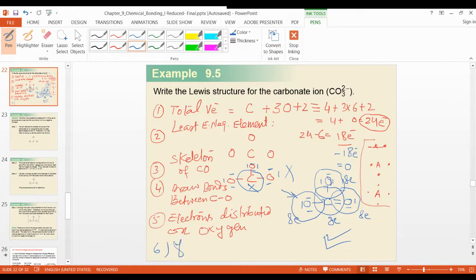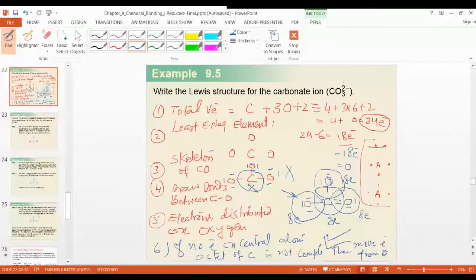So I will write here: if no electron on the central atom and the octet is not complete, octet of carbon is not complete, then move electrons from oxygen.